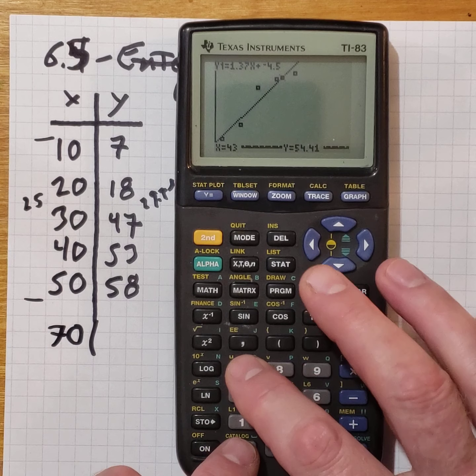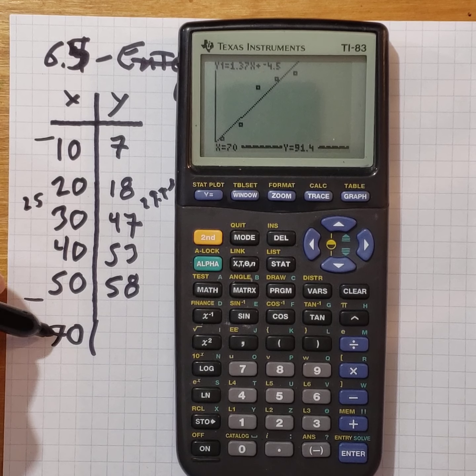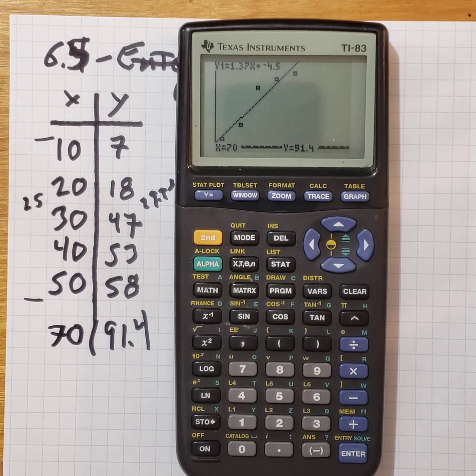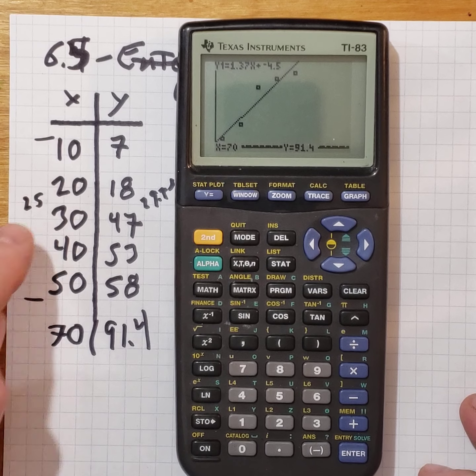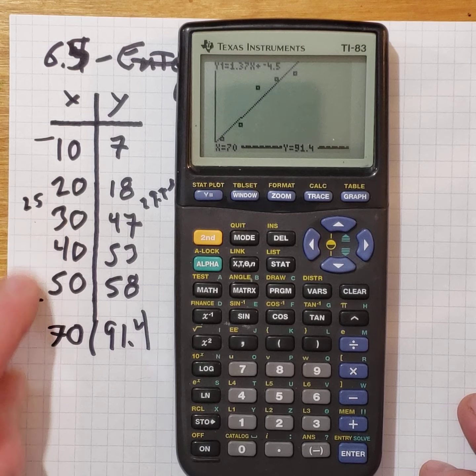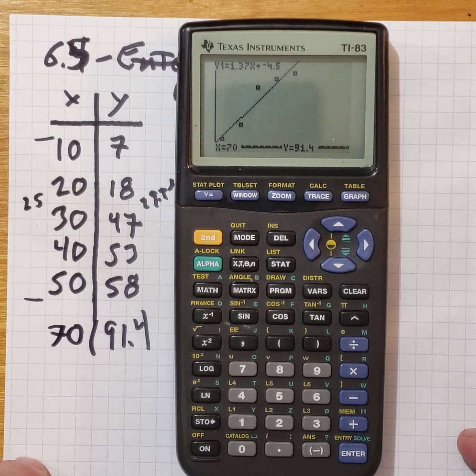And then I can put in 70 and it'll say somebody with a 70 in the first column ought to have 91.4 in the second column. So this here is interpolation, because we're working inside the data set, and this, we're going beyond the data, assuming the trend is going to continue, that's extrapolating. And that is that.